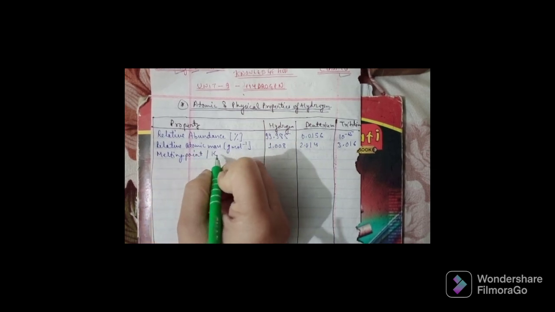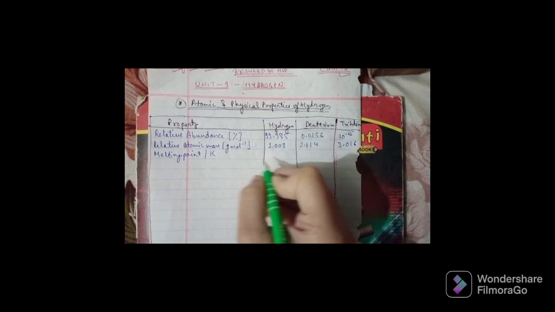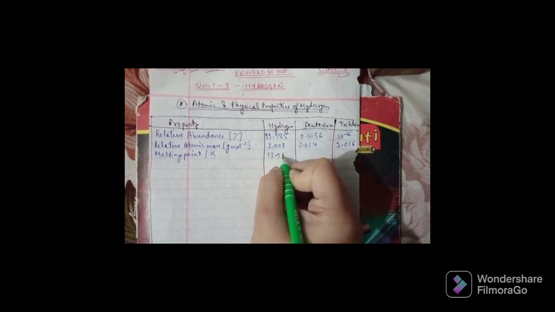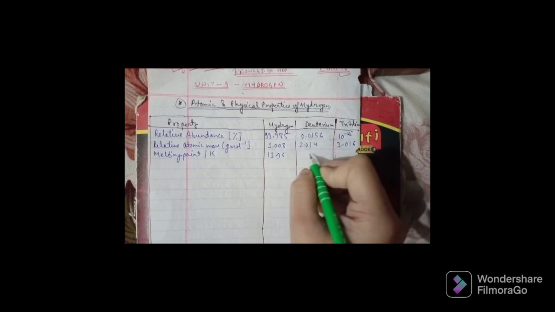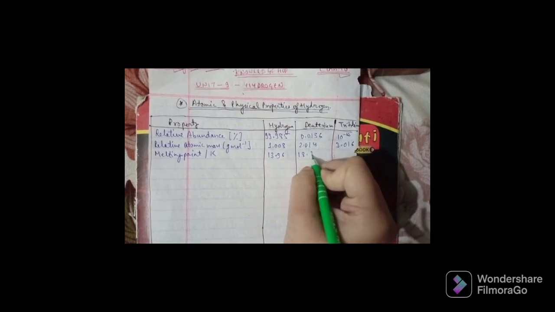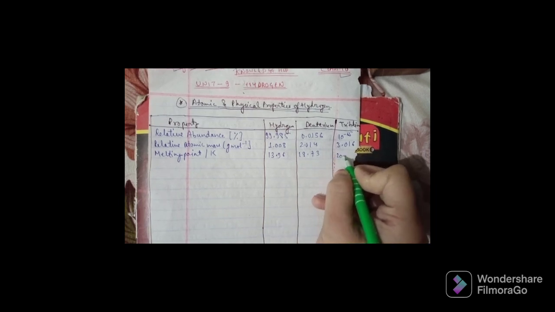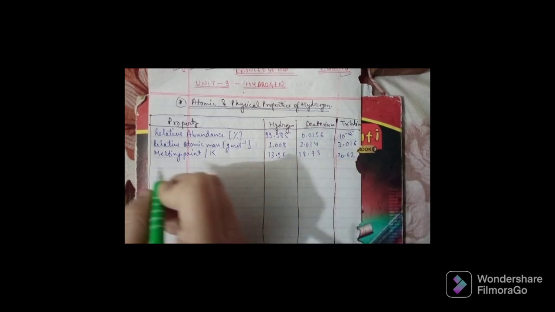Now the next property is melting point, in Kelvin, which is 13.96 for hydrogen, 18.73 for deuterium, and 20.62 for tritium.